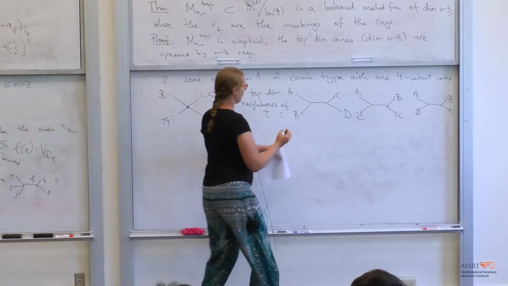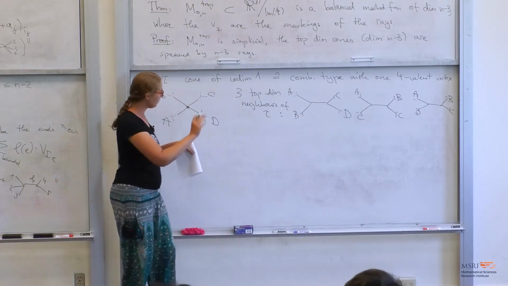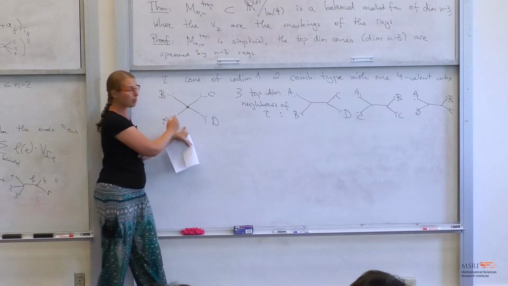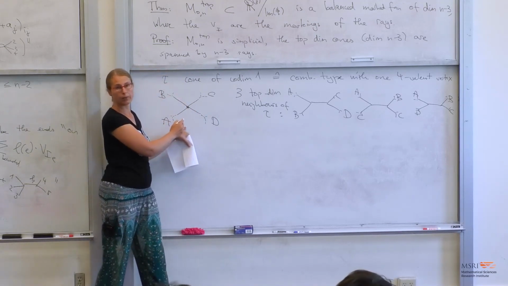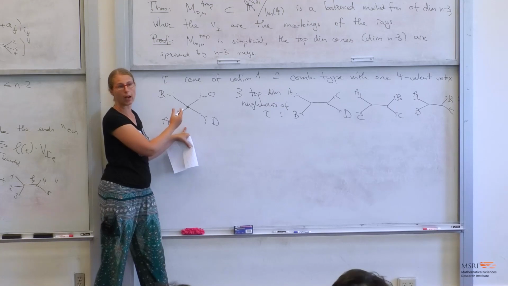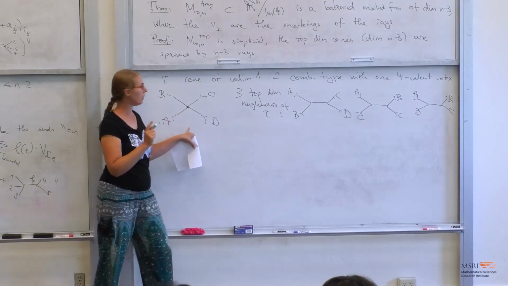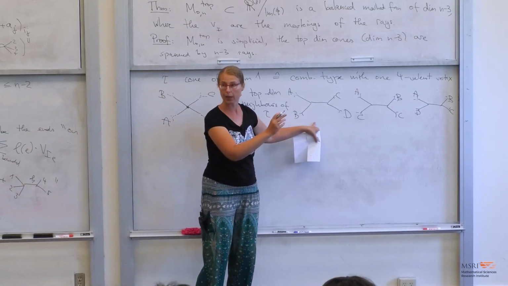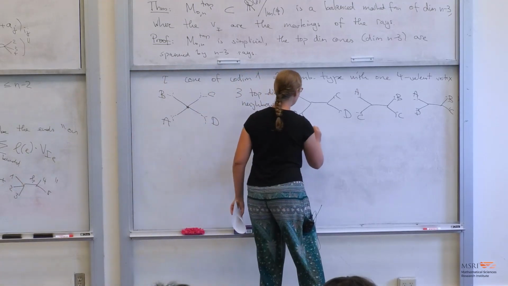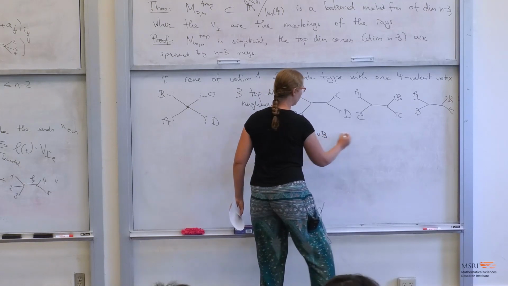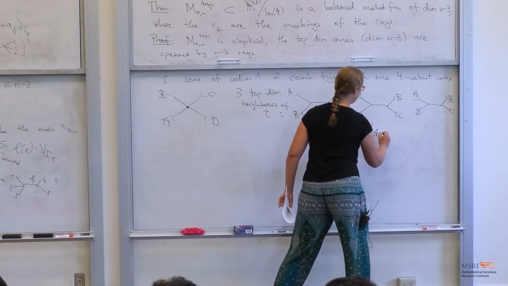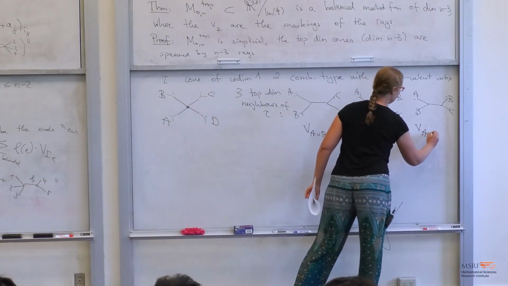So this cone is spanned by n-4 vectors of the form V_e for some bounded edges in here. And then the additional ray needed to span this neighboring cone is precisely V_{A union B}. And here V_{A union C} and V_{A union D}.